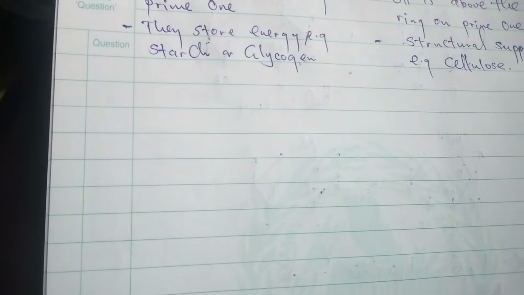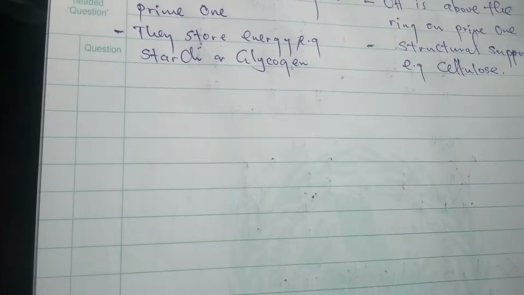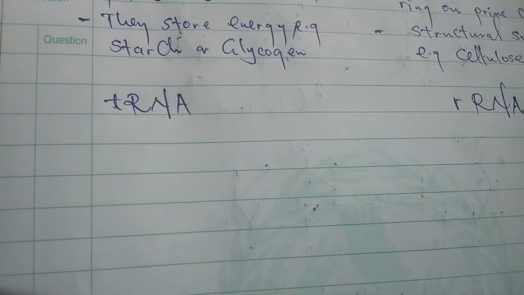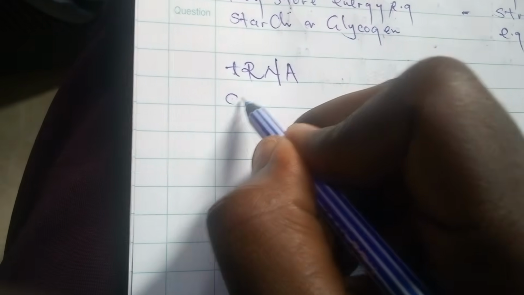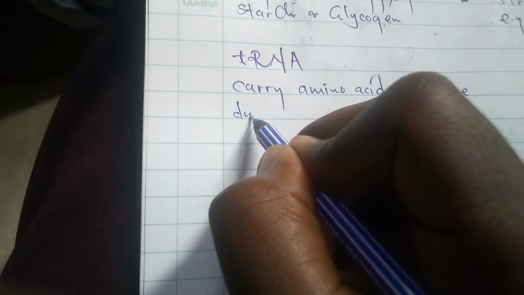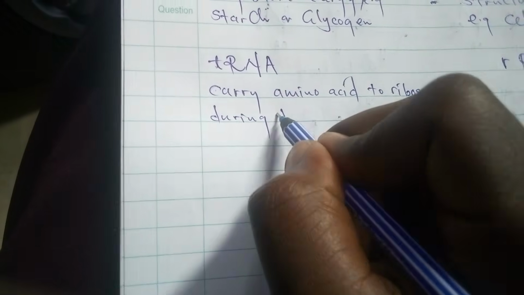So from there we can go to tRNA and rRNA. The role of transfer RNA is that it carries amino acids to the ribosome during translation.